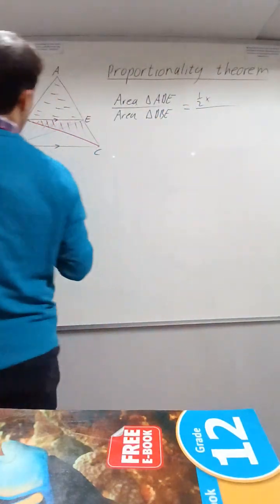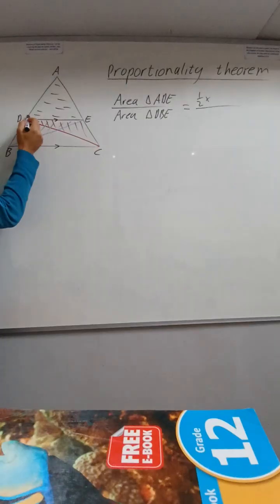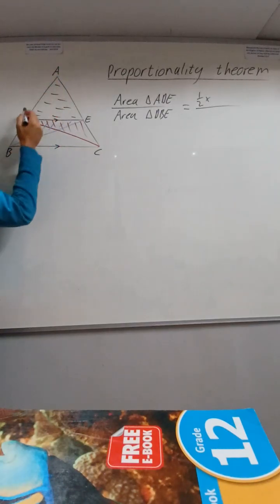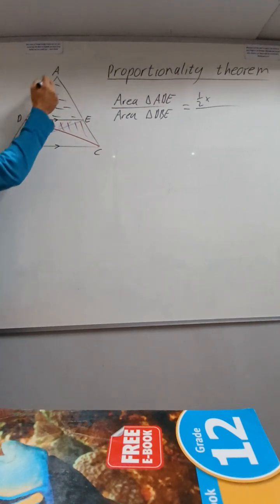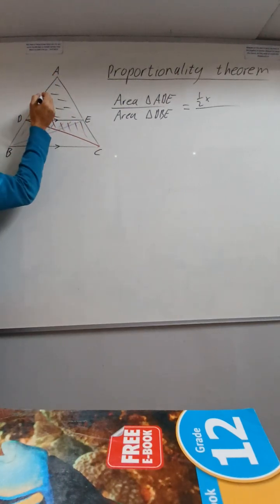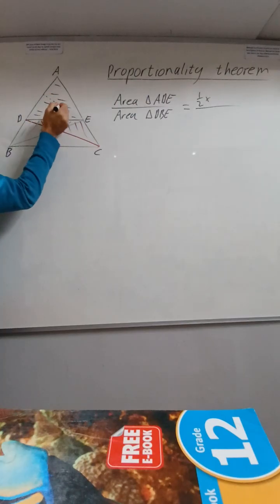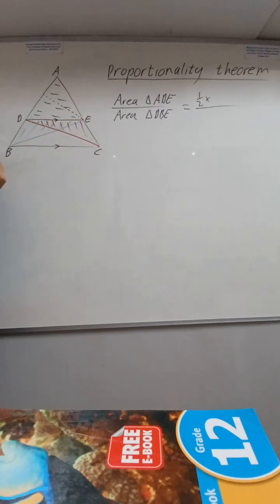We want AD over DB, so we have to make AD the base, and then we need the height. So from AD we must go straight towards the top, to E. And that's your construction line.